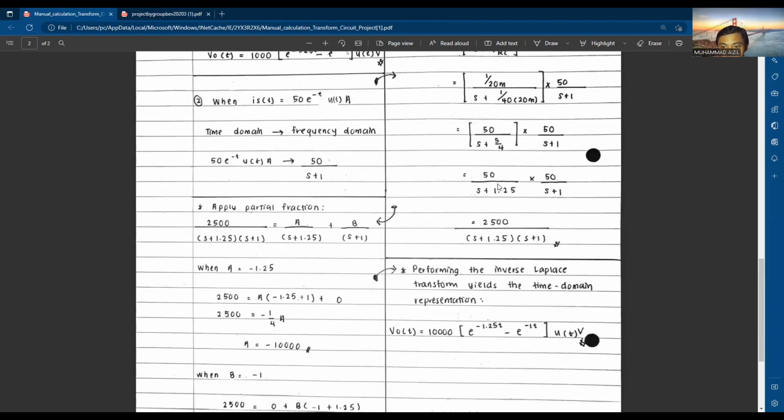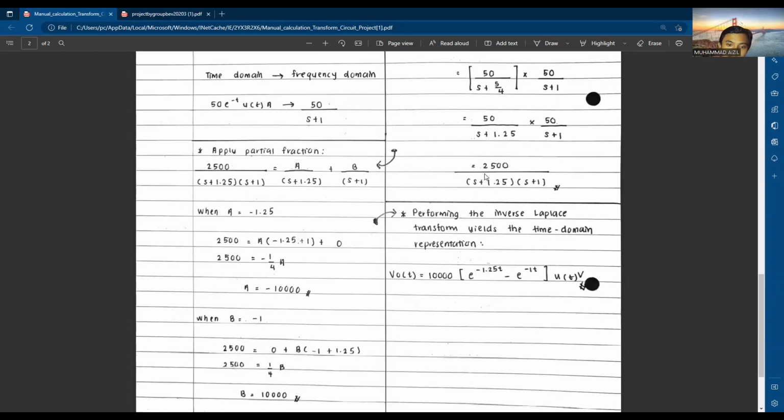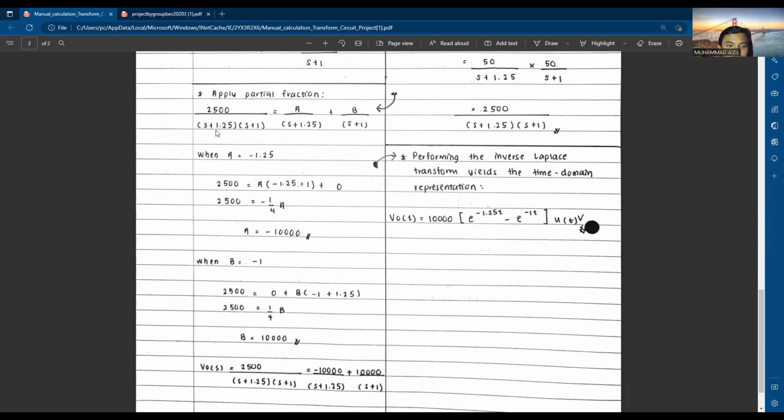So after we calculate the result, we get 2500 divided by S plus 1.25 and S plus 1. And then we can see here, we also apply partial fraction, actually the same: 2500 equal to A over S plus 1.25 plus B over S plus 1.